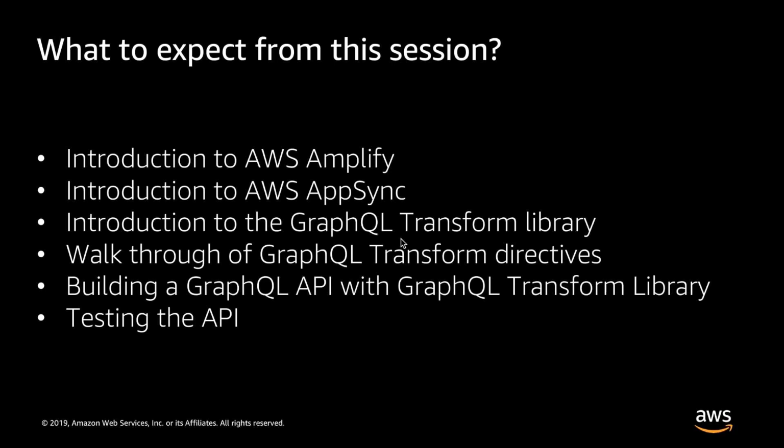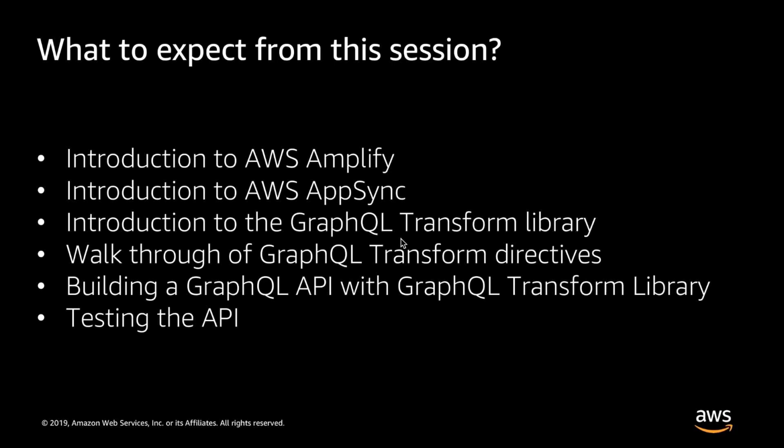We'll walk through all of the GraphQL Transform directives that are available and talk about what each one of them does. We'll then jump into a live demo where we'll use all of the different directives that we went over in the previous portion of this presentation and actually build out and test a real GraphQL API.